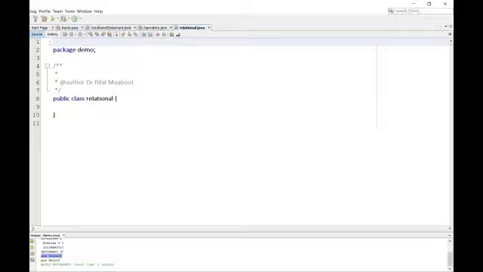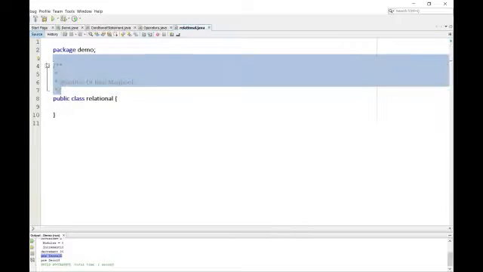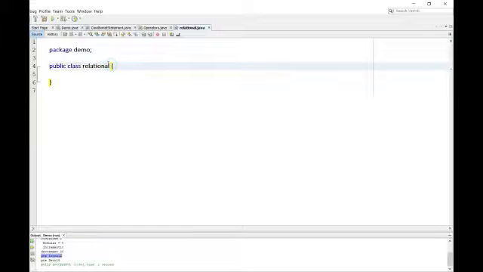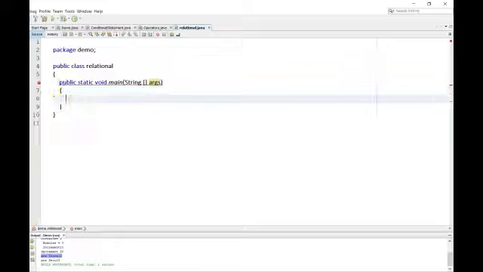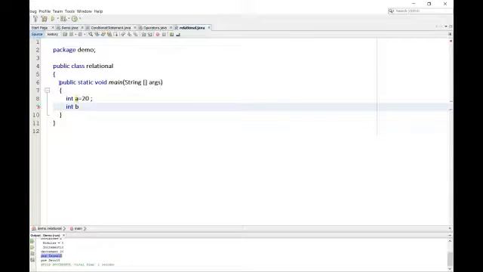So we are going to add public static void main string array args, and now let us see one by one what operators. Say for example int a equivalent to 20, int b equivalent to say 30.